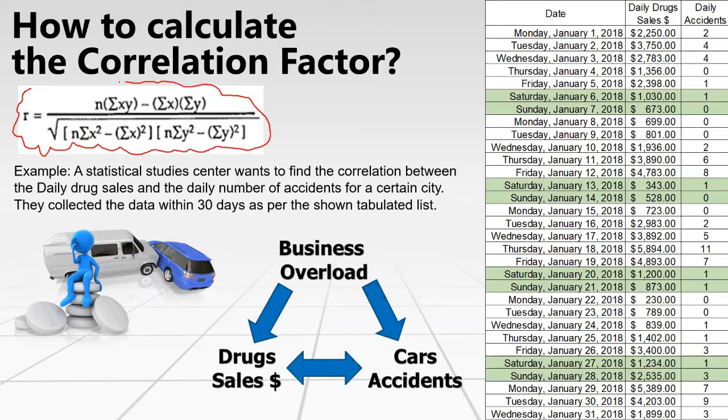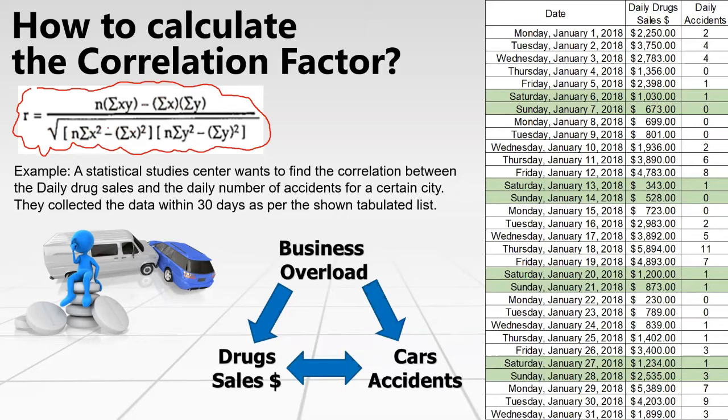In fact, the formula is the sample size multiplied by the sum of x times y, where x is the independent variable and y is the dependent variable, so we have two variables, x and y, minus the sum of x multiplied by the sum of y, divided by the square root of the sample size multiplied by the sum of the independent variable squared minus the square of the sum of the independent variable.